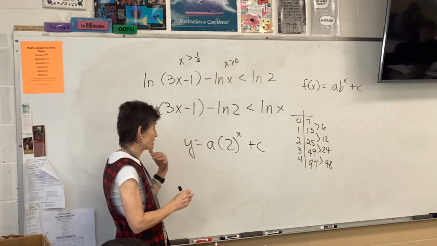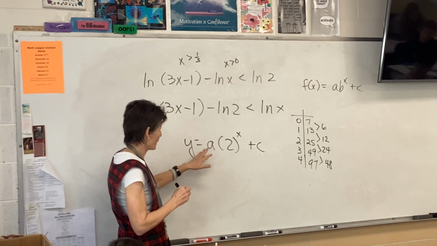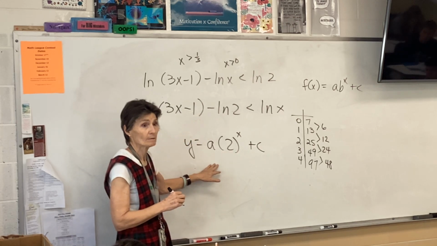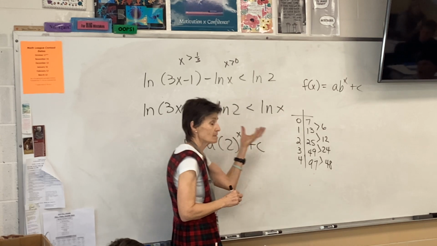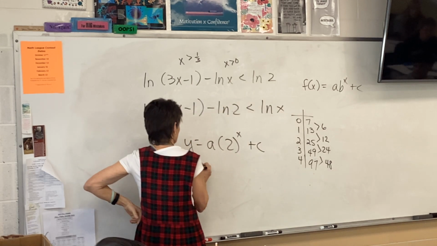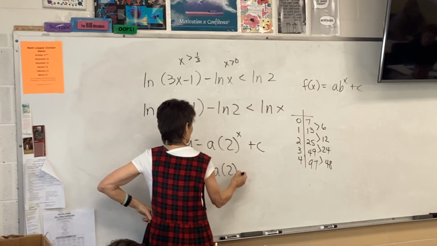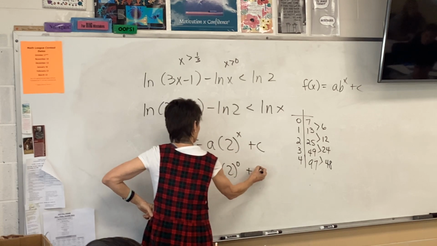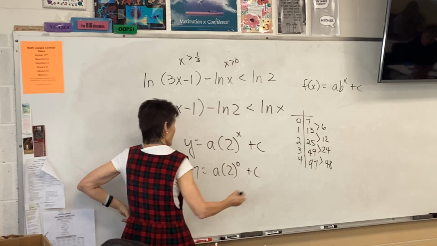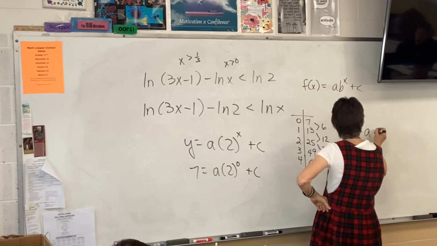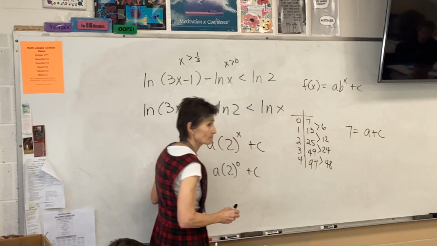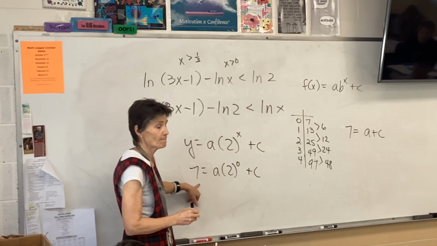Now, we do this a lot. At this point, when I gotta build an equation, can I come over here and start plugging in points? So if I plug in 0, 7, I get an equation that says 7 equals A plus C, right?